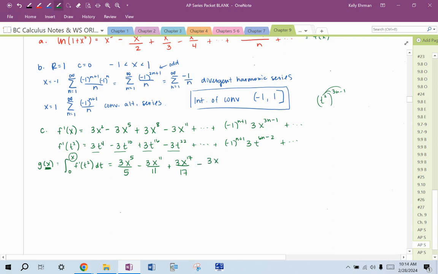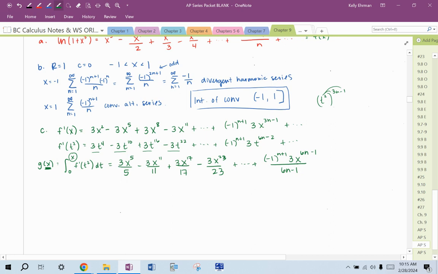minus 3x to the 23rd over 23, first four non-zero terms, plus general term, negative 1 to the n plus 1 times 3x to the 6n minus 1, because you've added 1 to that exponent: minus 2 plus 1 is minus 1, over that new expression.